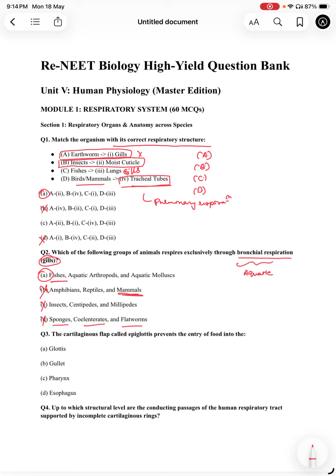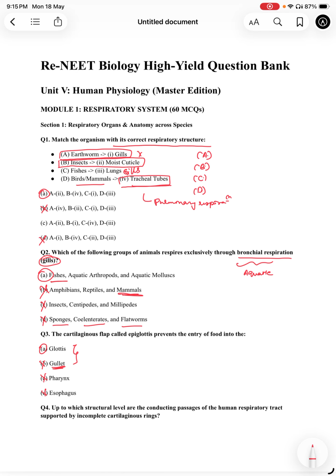During swallowing, this thin elastic cartilaginous flap, the epiglottis, covers the glottis to prevent food particles from entering the respiratory tract. Pharynx, it can't be. Esophagus is the food pipe. What is the difference between glottis and gullet? Gullet is the opening of the food pipe, the opening of the esophagus. So it can't be glottis. Glottis is the opening of the windpipe.